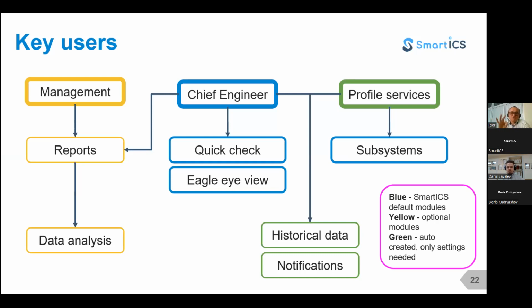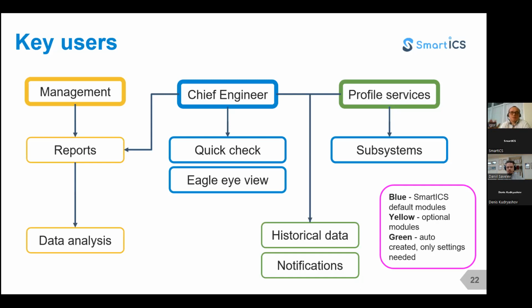We're trying to understand who is having what kind of access, who is viewing something that is done automatically, who is viewing something that is done as an additional module, additional features, like for example, reporting and data analysis. This is again optional, so it's not a must. Not everybody needs it. It happens, right?